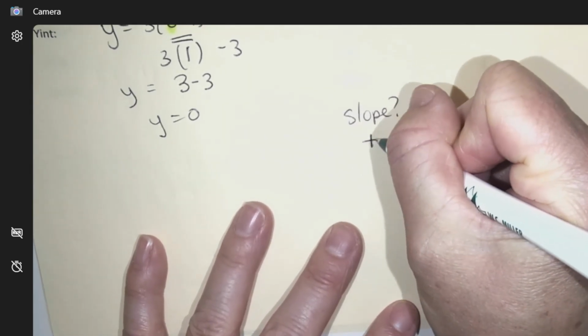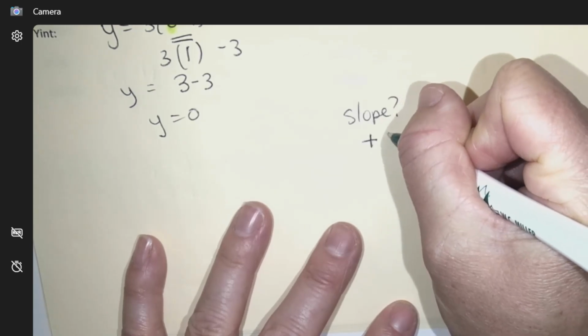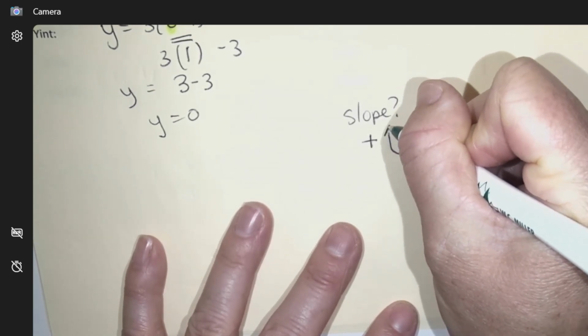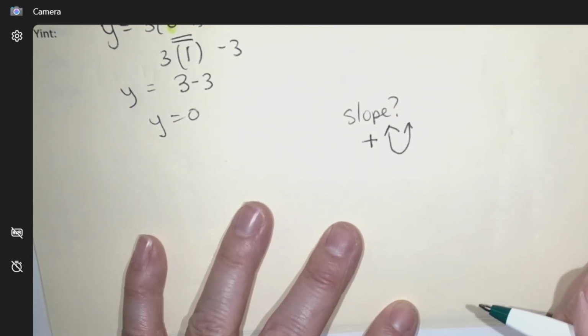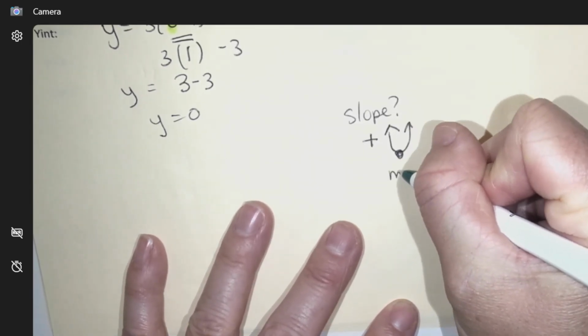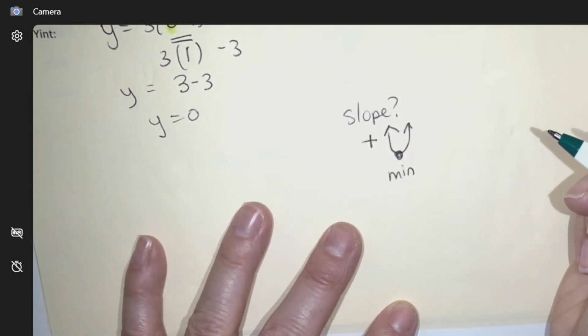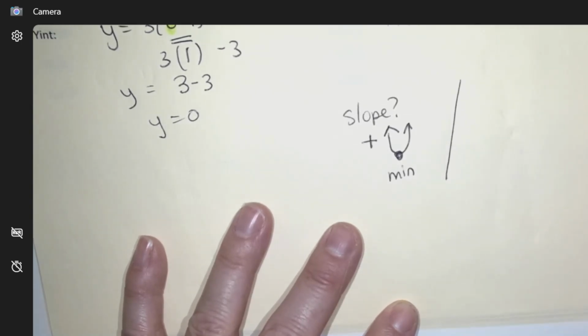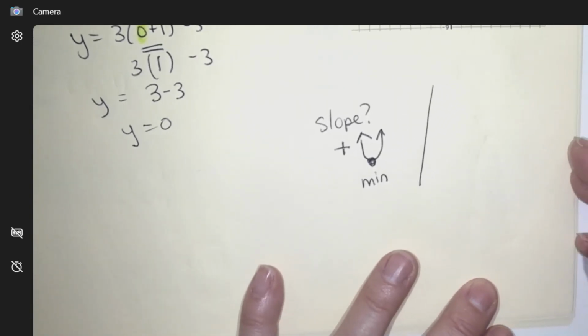If my slope is positive, I'm going to be opening like that, which means I'm going to have a minimum.